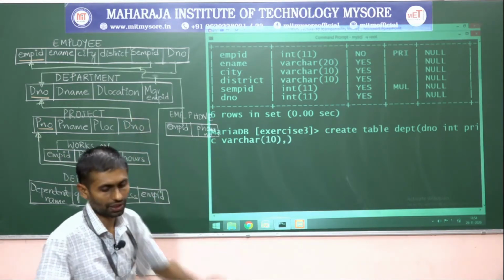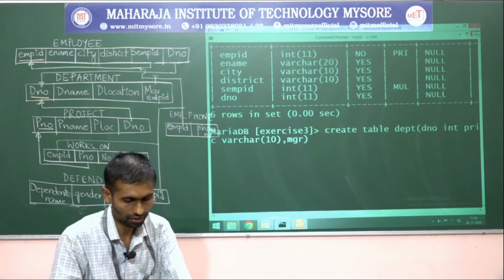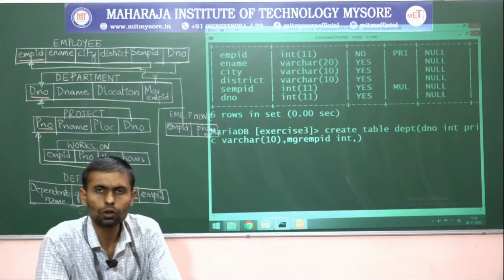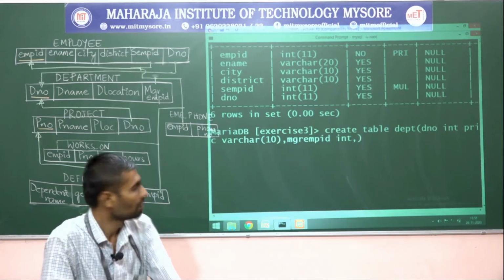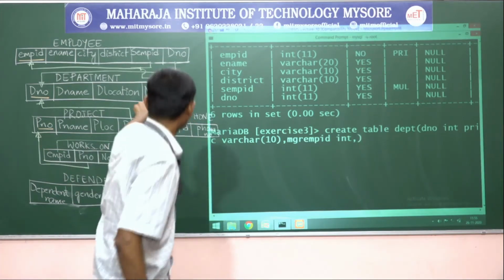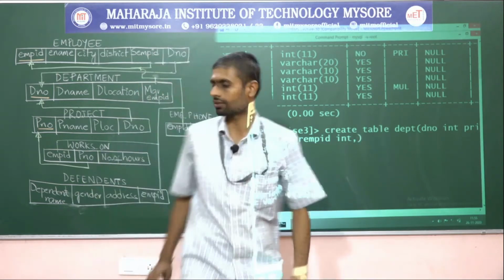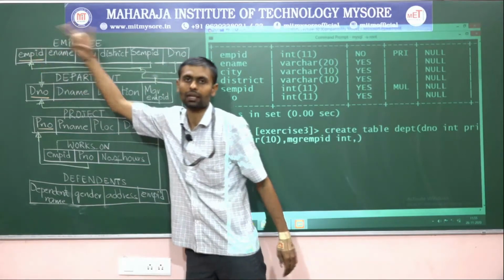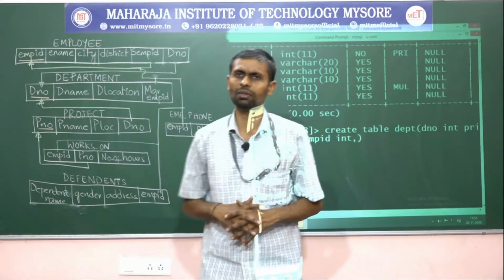What's the next one? A manager employee ID. I'll make it MGR EMPID. And I want to make it an integer. And this I want to make a foreign key. Anyway, where exactly should it point, guys? Manager EMPID takes us to employee's EMPID. Anyway, that employee table is existing.